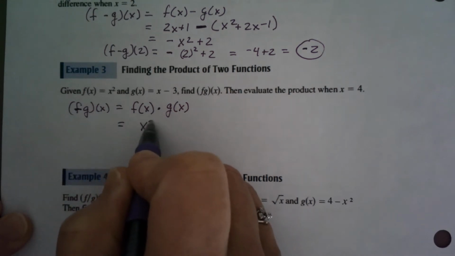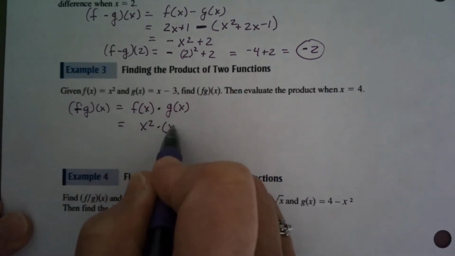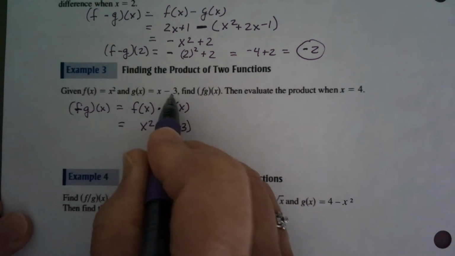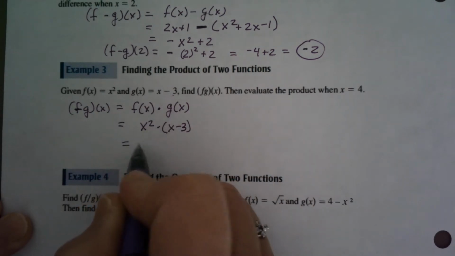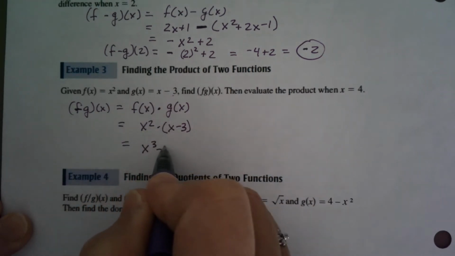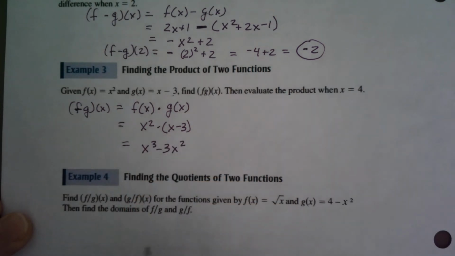F of x is x squared times x minus 3, and distribute x to the third minus 3x squared.